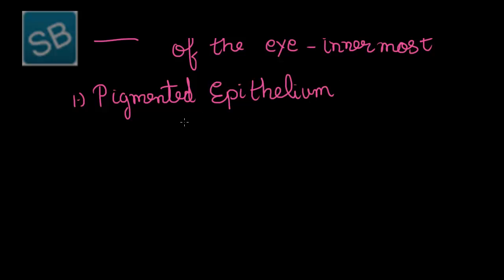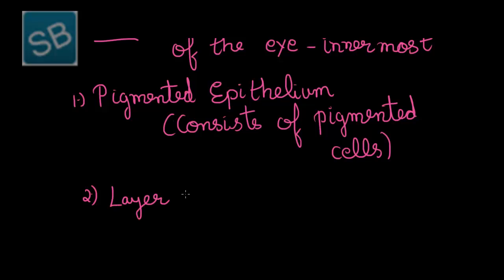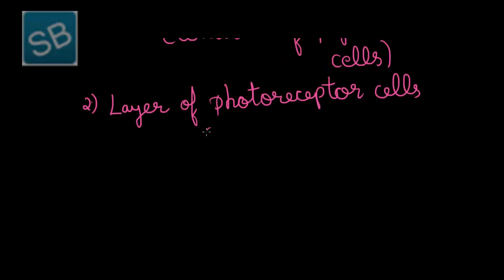First, pigmented epithelium consists of pigmented cells. Then comes the second layer, that is the layer of photoreceptor cells. These photoreceptor cells include rods and cones.